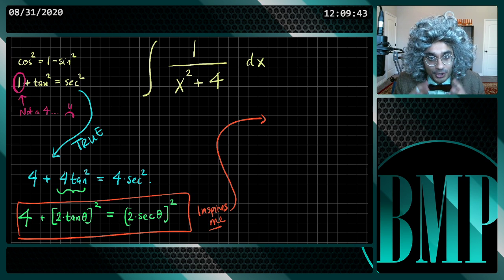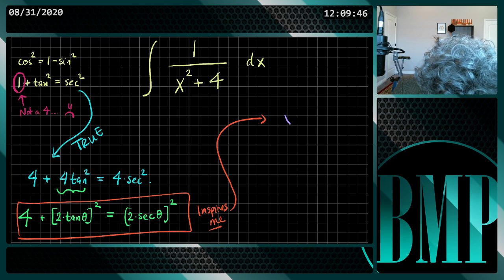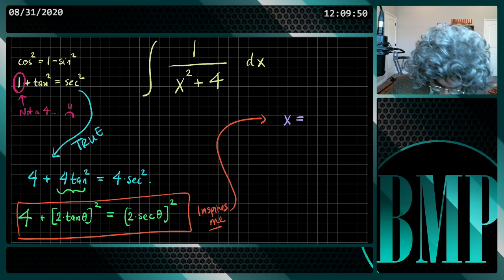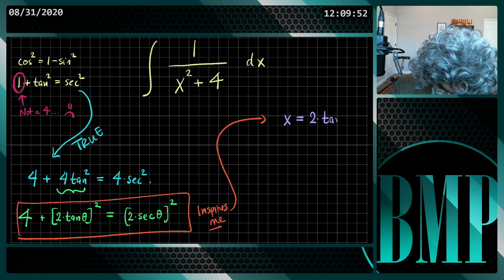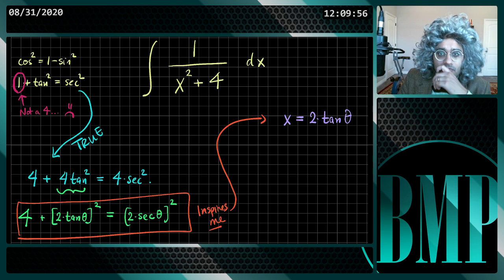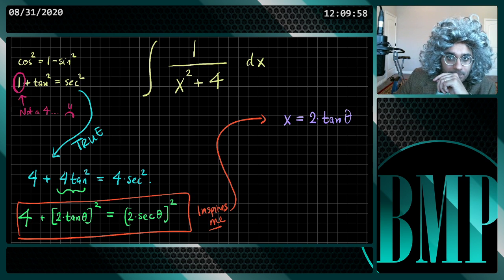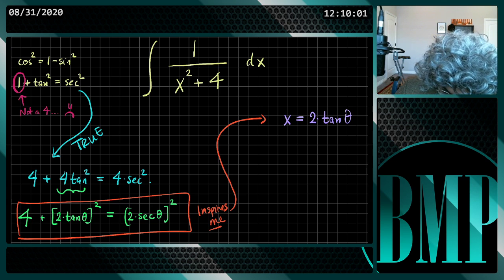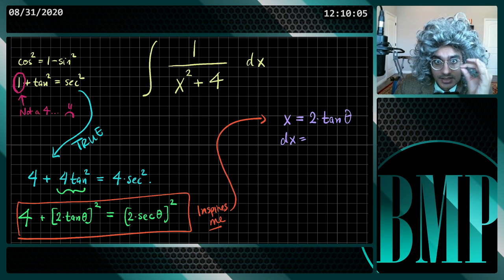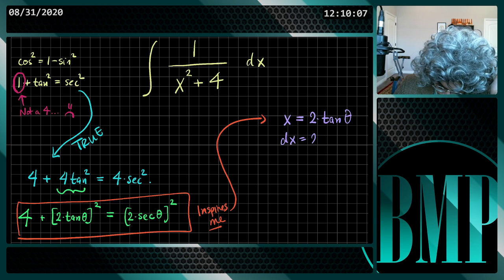So students, learn from this experience. I'm going to substitute x equals 2 times tangent theta this time. And then dx becomes 2 times secant squared.